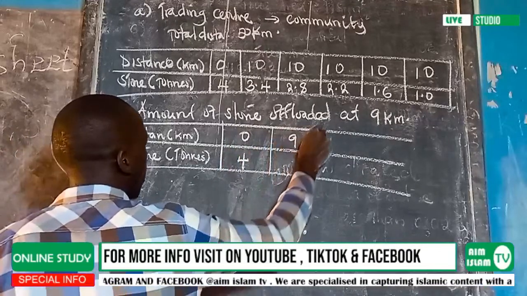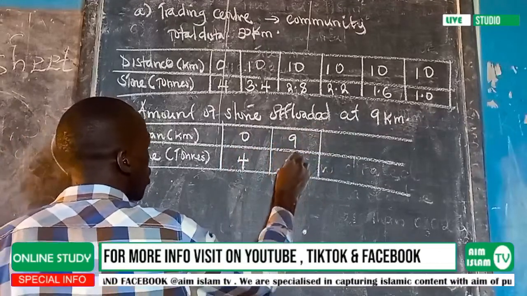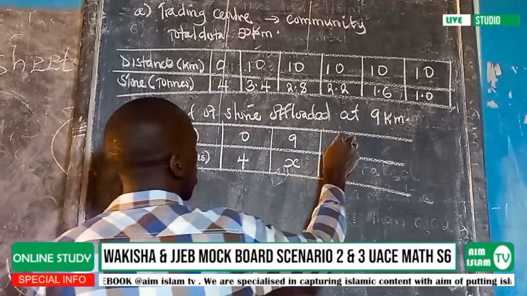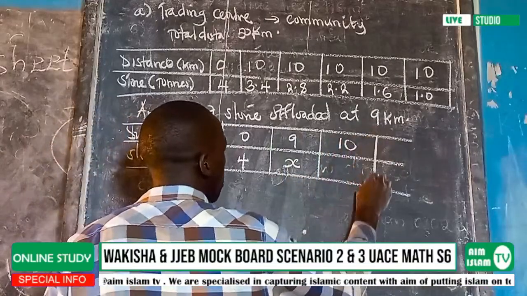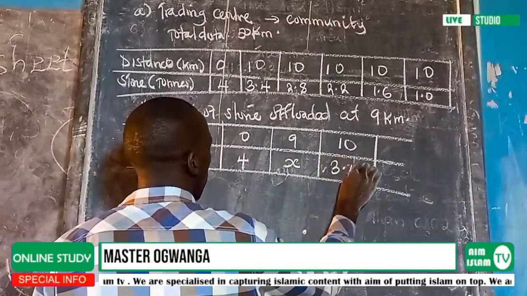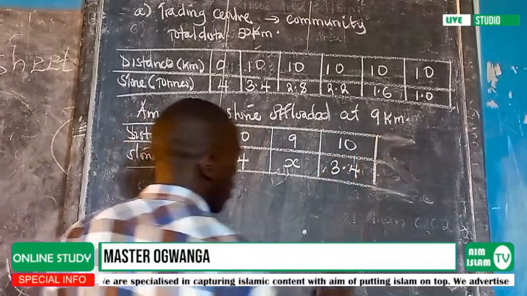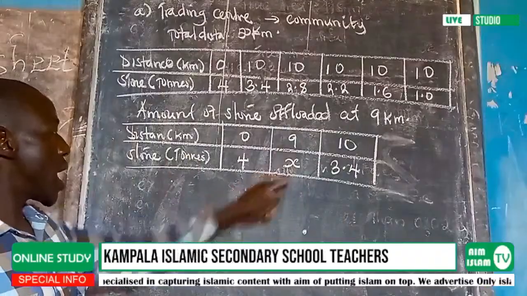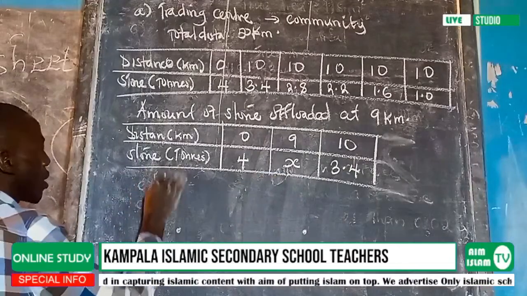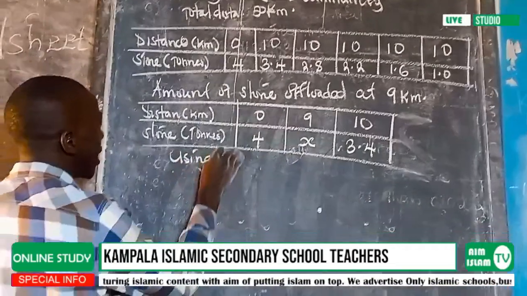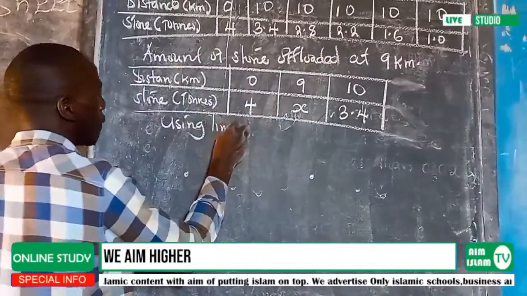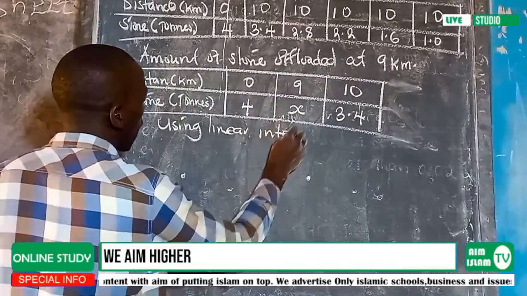Then here will be 9, that we don't know. I'm going to use x. Then we go to 10, which is the 3.4. You realize what is inside? This is an interpolation. So we are going to say using linear interpolation.